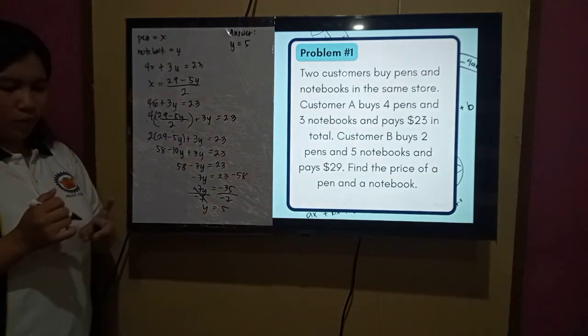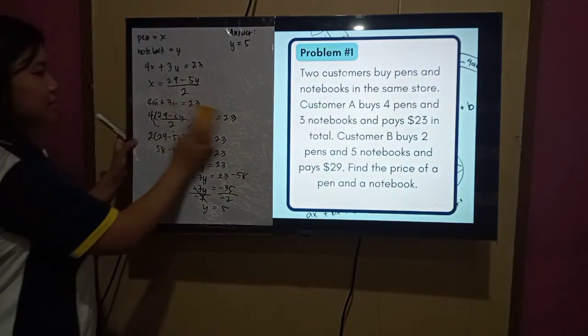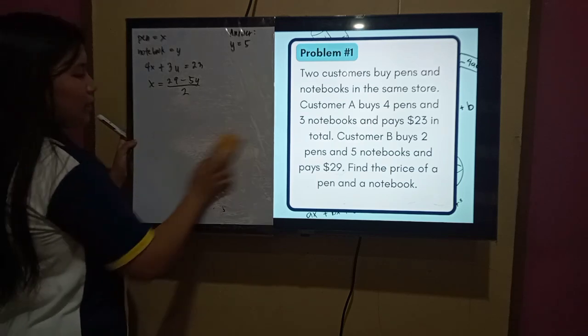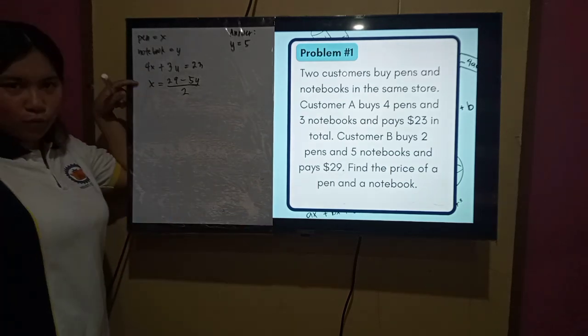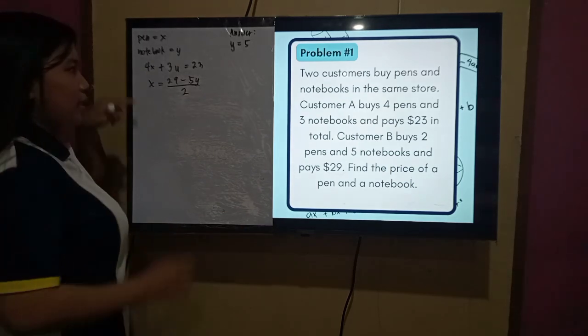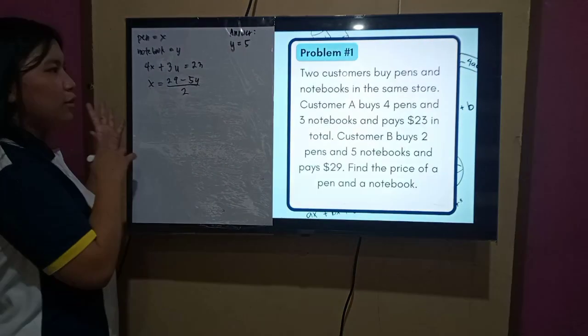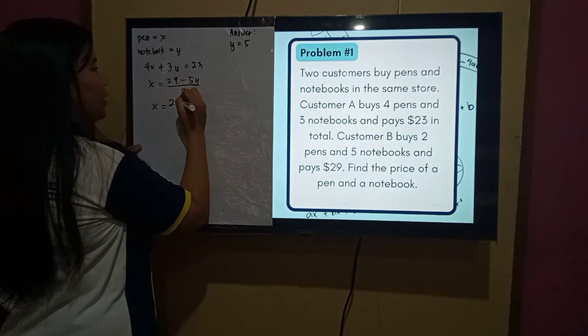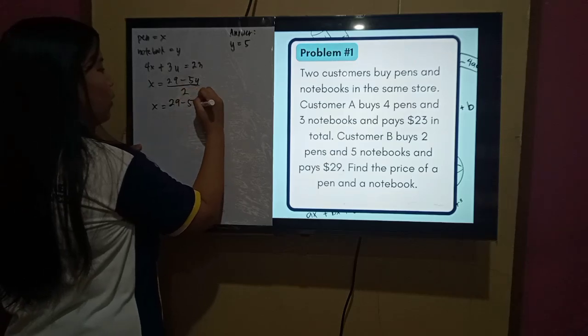So, ayan. Now, let's solve for x. Ang gagamitin natin sa kanya ay yung kanyang formula o yung nakuha nating value ni x in terms of y. So, x equals 29 minus 5y over 2.